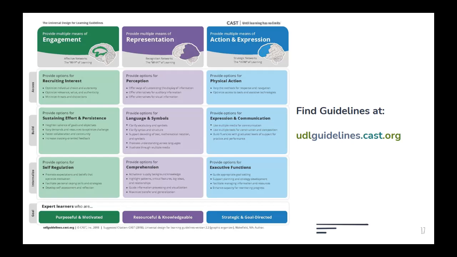So the guidelines are set up to develop learners who are purposeful and motivated, who are resourceful and knowledgeable, and who are strategic and goal-directed. And we do this by offering multiple means of engagement, that's our green column here, multiple means of representation, and multiple means of expression. So what does that mean?